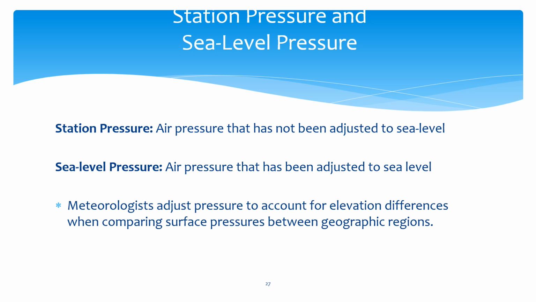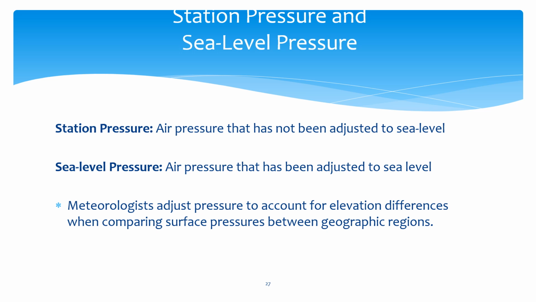Now we have a couple different ways that we can report air pressure. The first is, well, we have station pressure and we have sea level pressure. You have heard me use the term sea level pressure a whole bunch, and I'm sure you've heard it many times throughout your long and illustrious career as a humanoid on this planet.